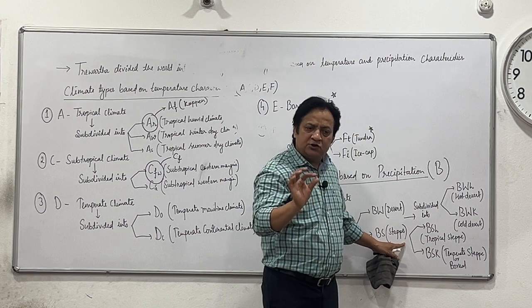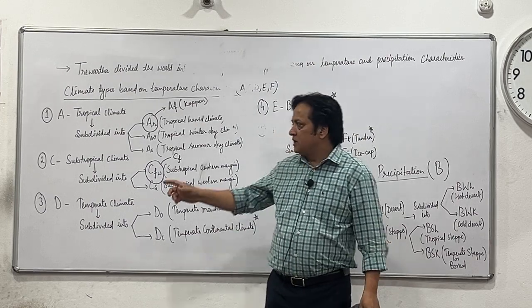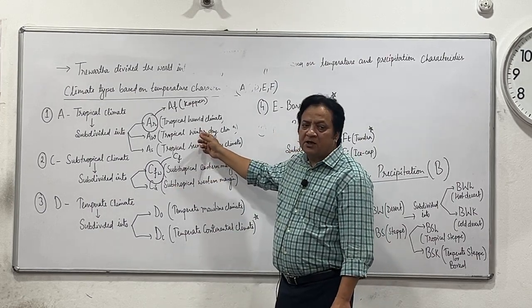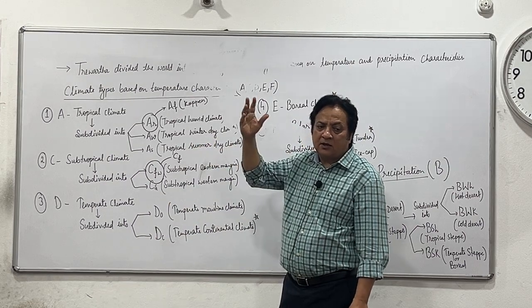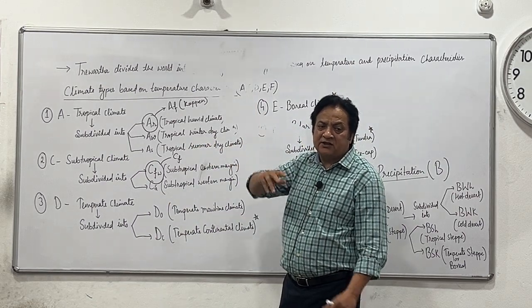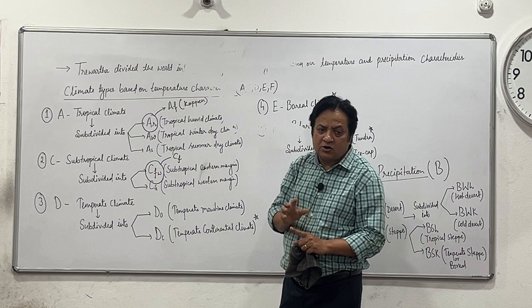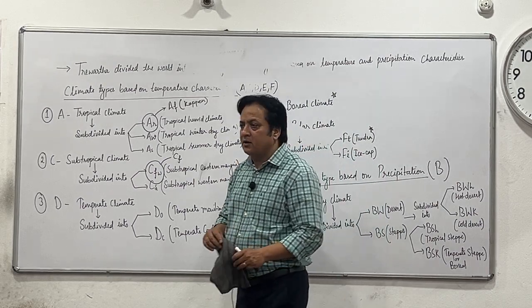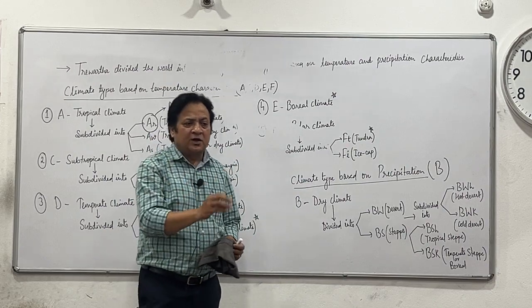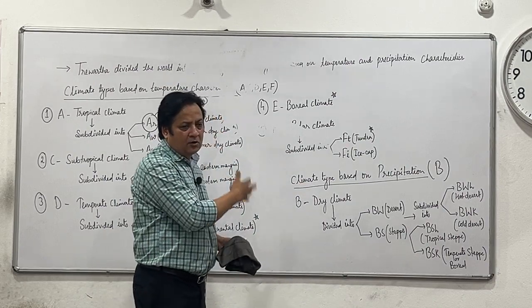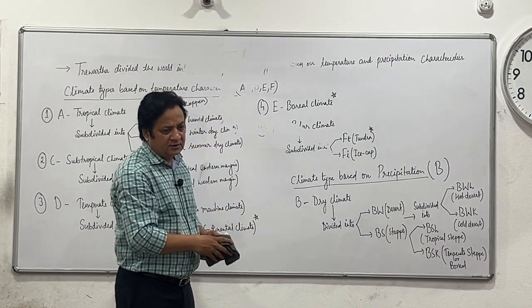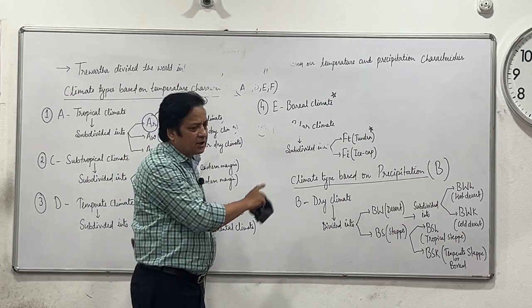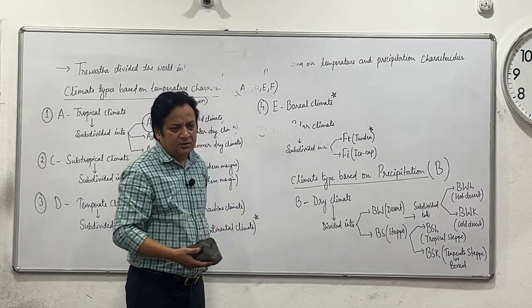They are short and soft, whereas the tropical grasslands are taller, sharper, very coarse grasses. They are not soft. So these are the observations which have been kept in mind, based on which he gave those climatic types. If you are not comfortable, you can use temperate. That's why I gave you one option.